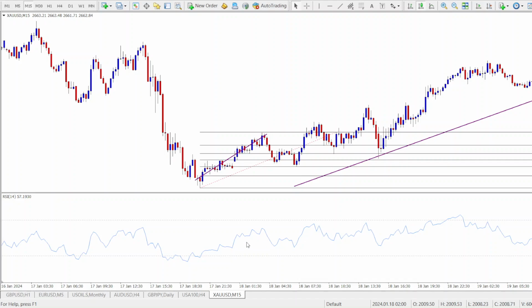Okay, so we can see that when we had a buy signal from the Fibonacci, we can see that around that time we had the RSI also pointing upwards, somewhat around the 50 level, okay, and then it was trending upwards. So that is our bullish confirmation from the RSI, okay.